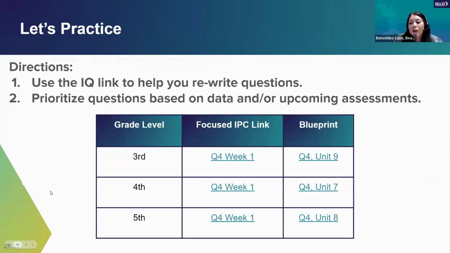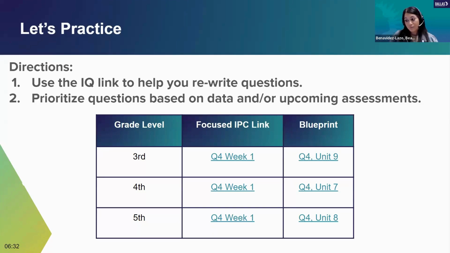What I want you to do is use the IQ link, which I linked in your participant guide, to help you either one, rewrite questions, or two, prioritize questions based on data or upcoming assessments. So you don't have to do both. You can do one of 2 things.